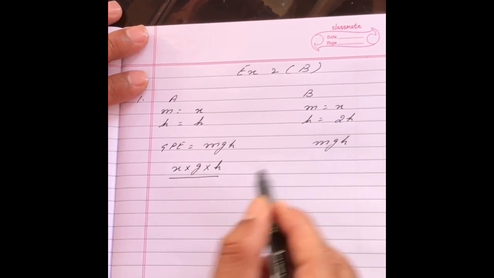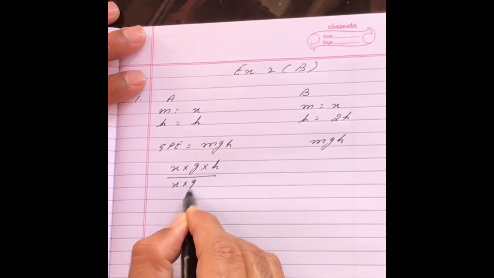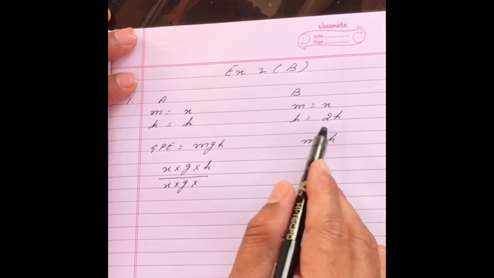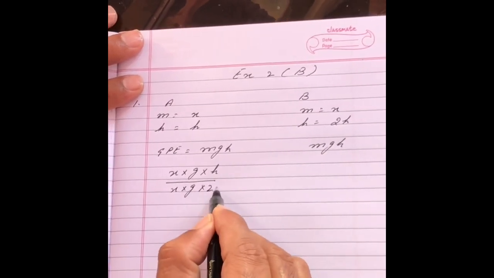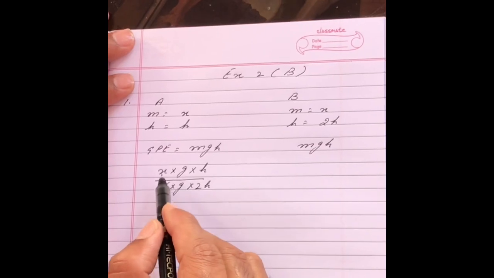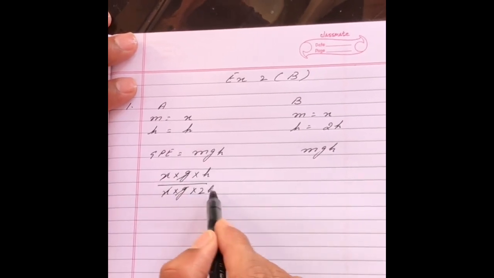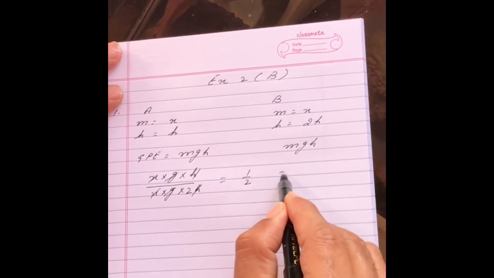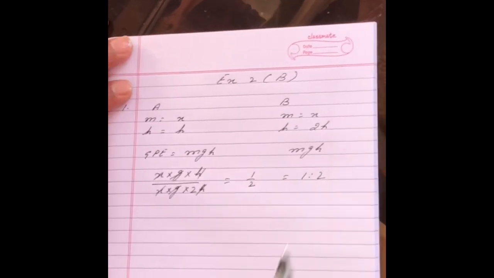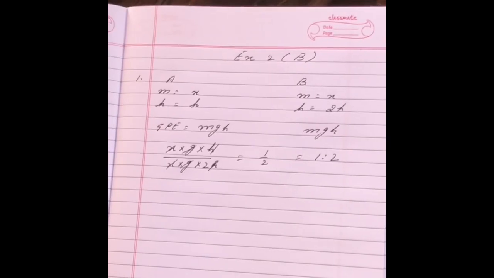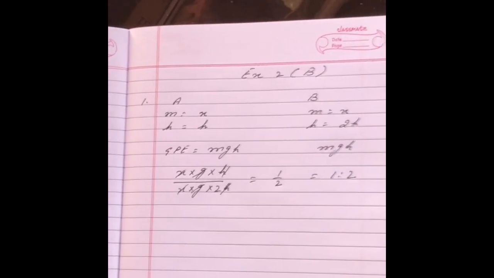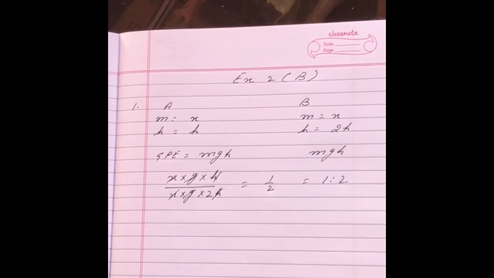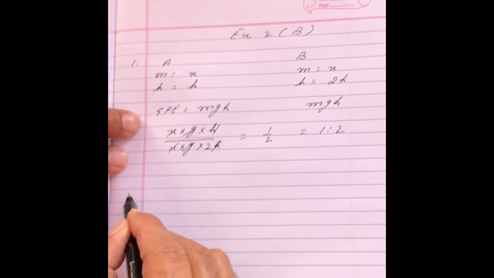Ratio: here mass is x, g is the same, the height is 2h. x cancels with x, g cancels with g, h cancels with h. It is 1 over 2. So the ratio of their energies will be 1:2. It's very much simple. Second question.